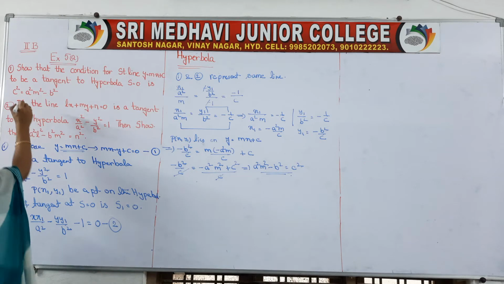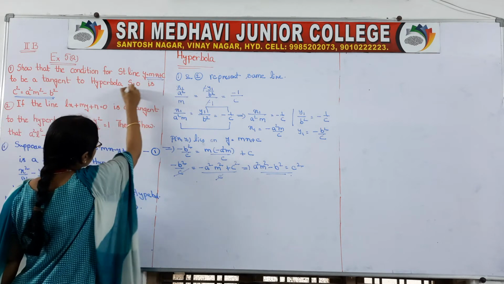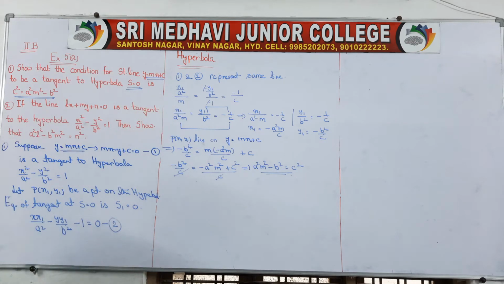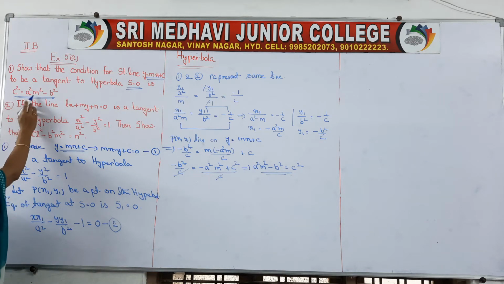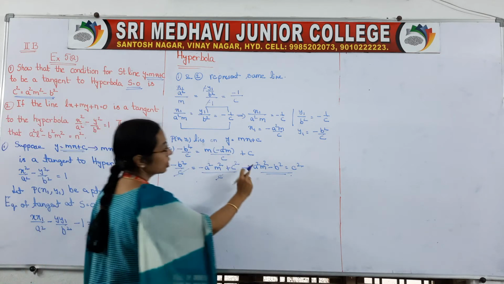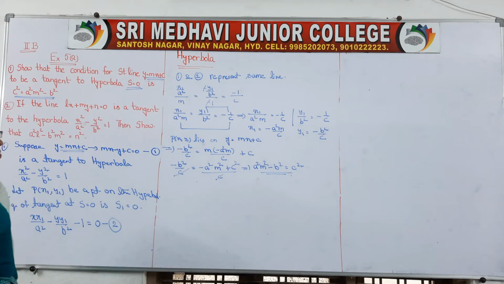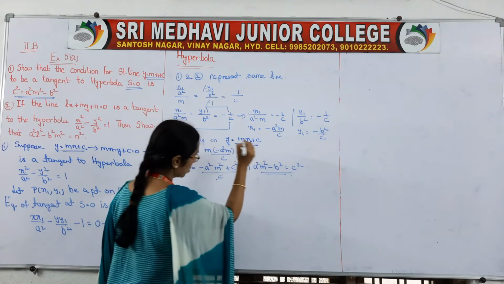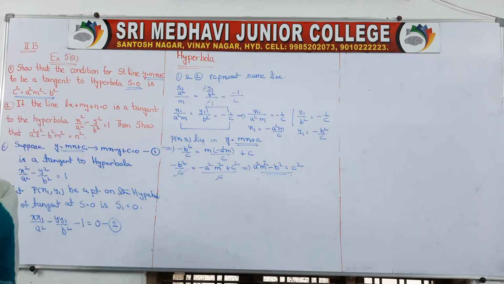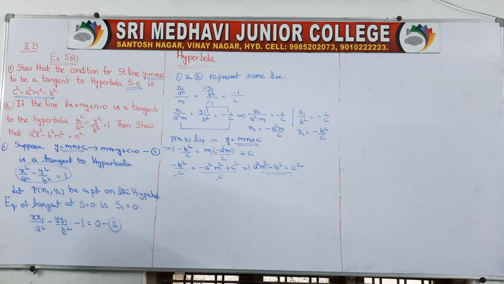Here we have to prove the condition for the line y = mx + c to be a tangent to the hyperbola S = 0 is c² = a²m² - b². Observe, a²m² - b² = c². That is the condition for this line y = mx + c to be a tangent to the standard hyperbola. This is the standard hyperbola.